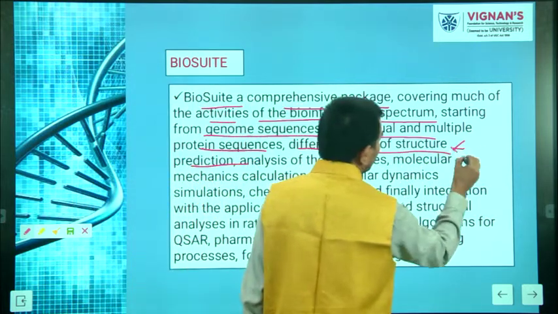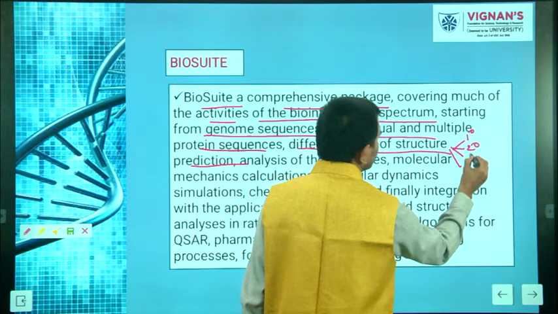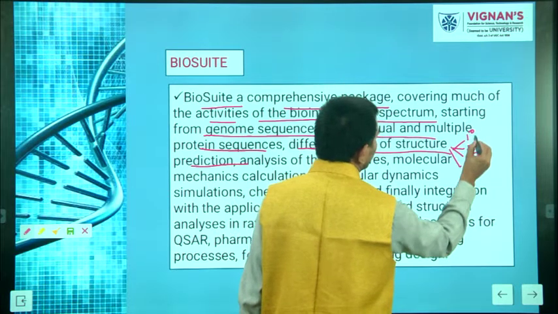We have four levels of protein structures, that is primary structure, secondary structure, tertiary structure, and quaternary structure.